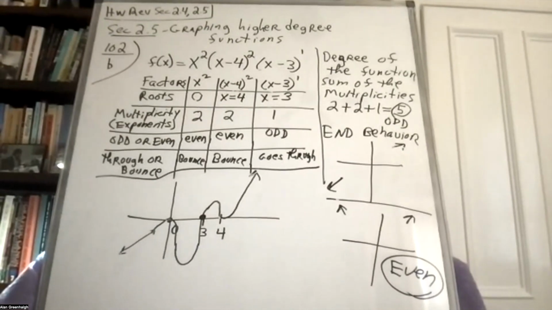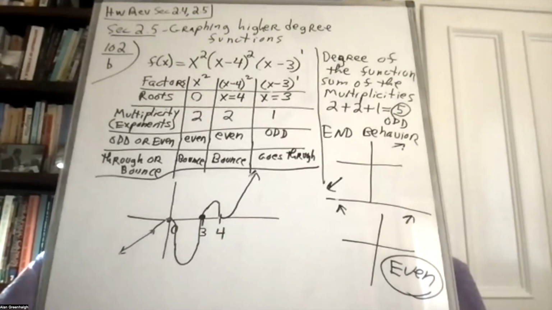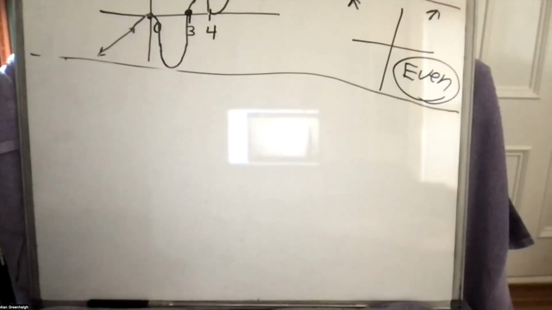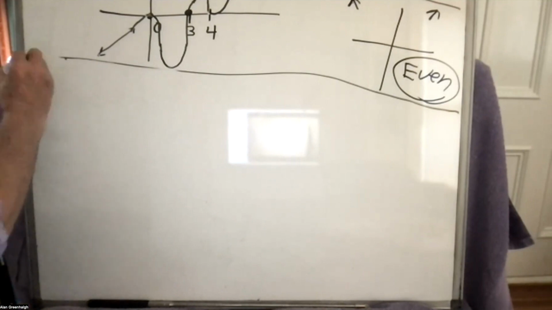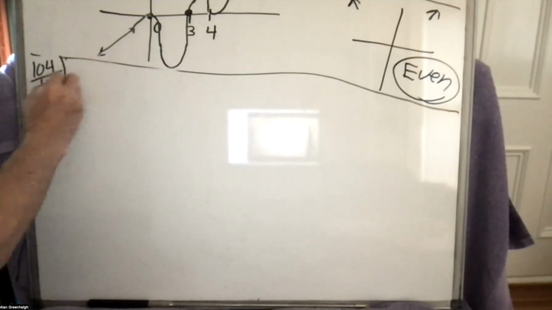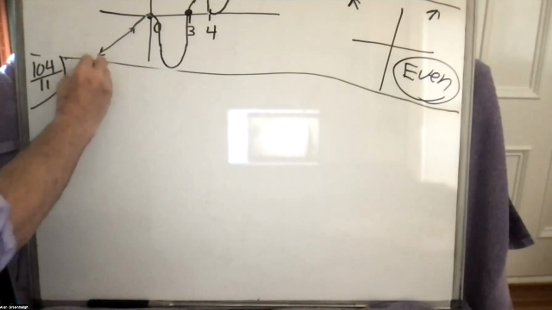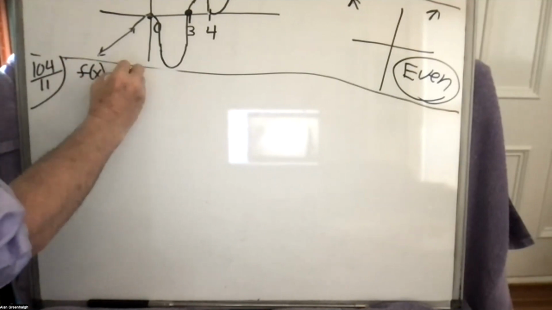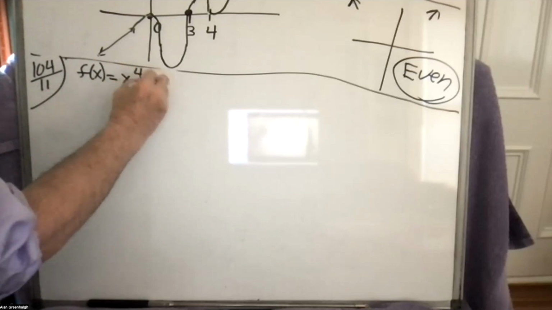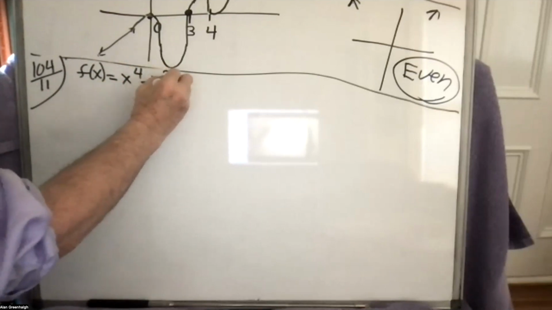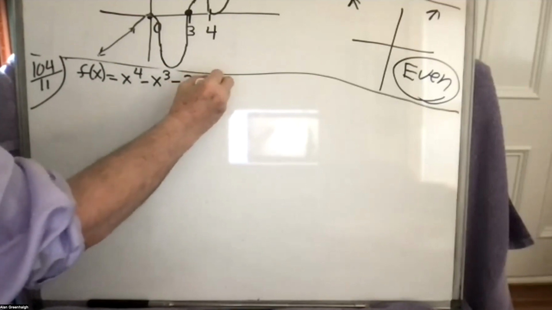Okay, now I have another one here. I have another homework problem. Let's go to page 104, problem 11. This is a little different. F of x equals x to the 4th minus x to the 3rd minus 3x squared.